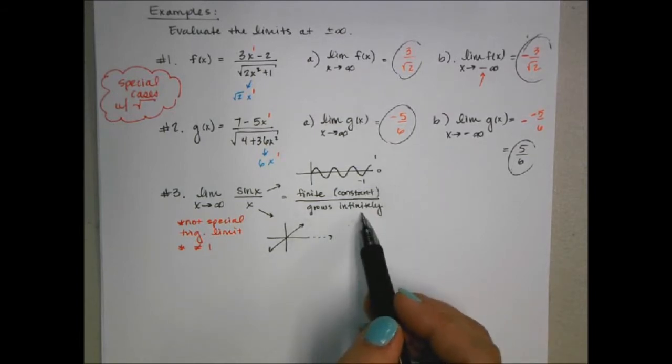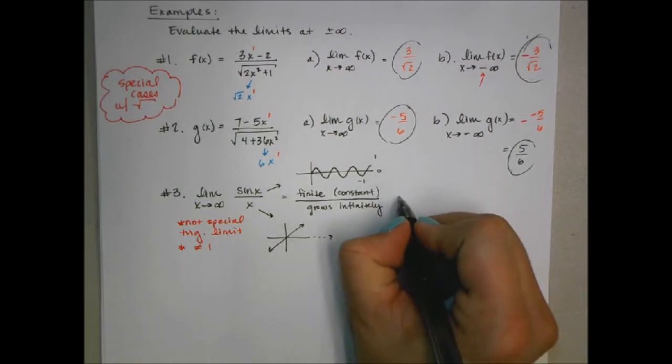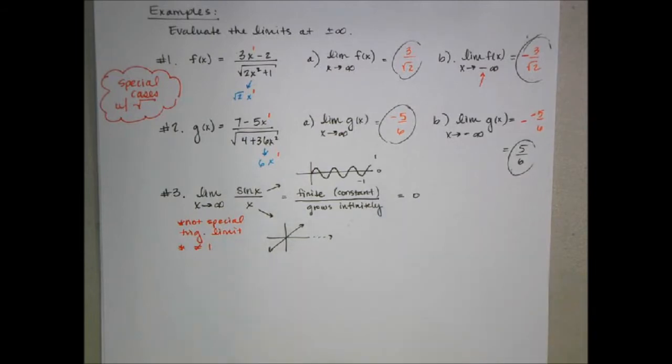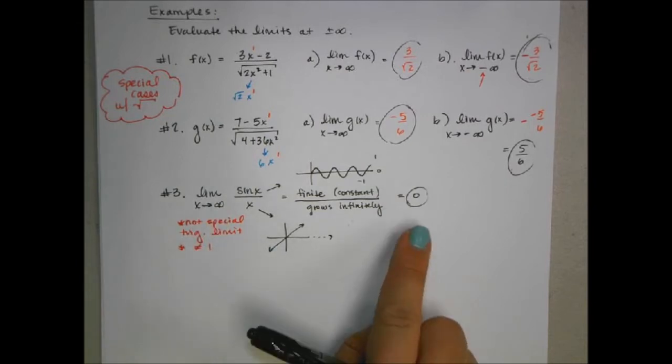It just keeps getting smaller and smaller and approaches 0. So I guess you could think of this as another special trig limit. This one is at infinity, not at 0. The answer here is 0.